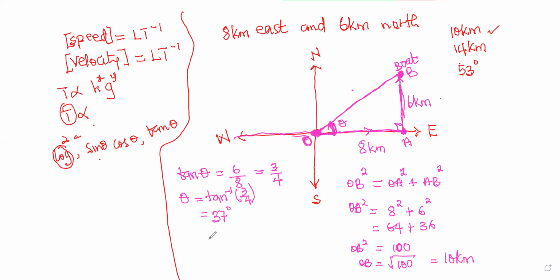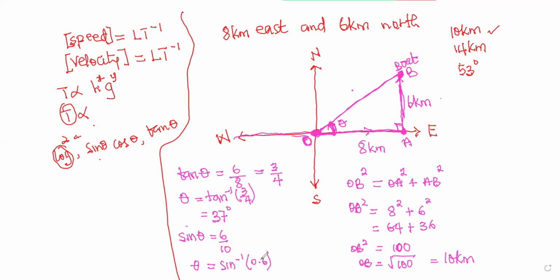Let's also use sine theta. Sine is opposite over hypotenuse, so that will be 6 on 10, isn't it? Yes. So theta is equal to the sine inverse of 0.6.